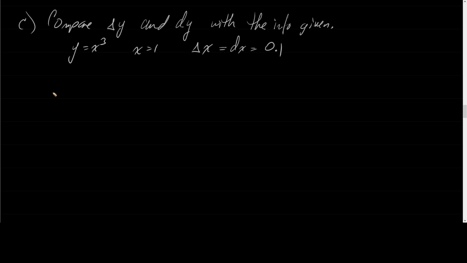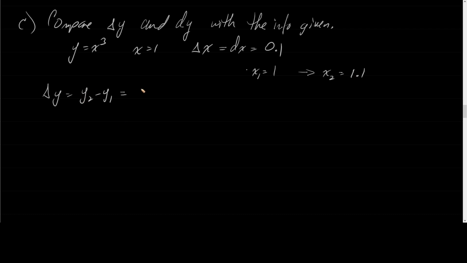So in here, what's delta y? Delta y is y sub 2 minus y sub 1. What does that mean? Well, if I'm starting at 1 and the change in x is 0.1, then x sub 1 is 1, and my x sub 2 is going to be 1.1, I'm just adding 0.1 to it.